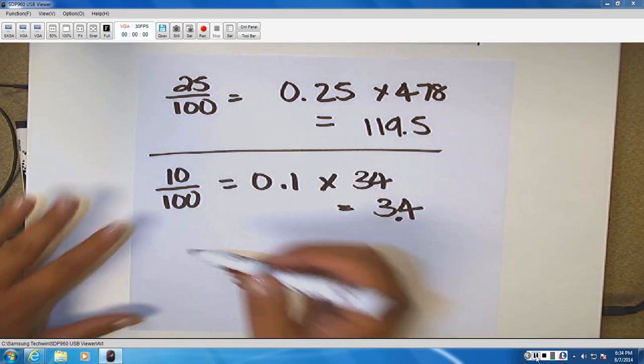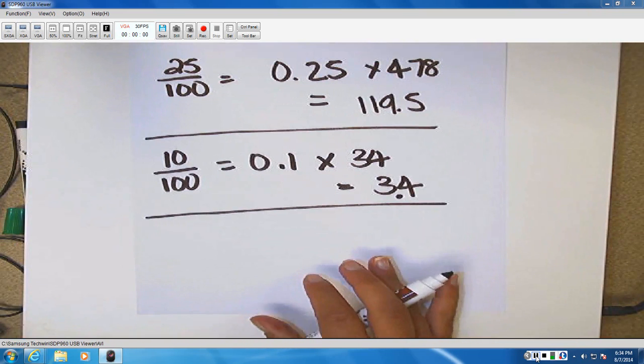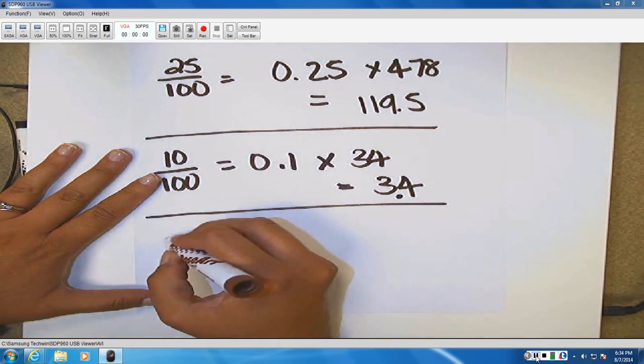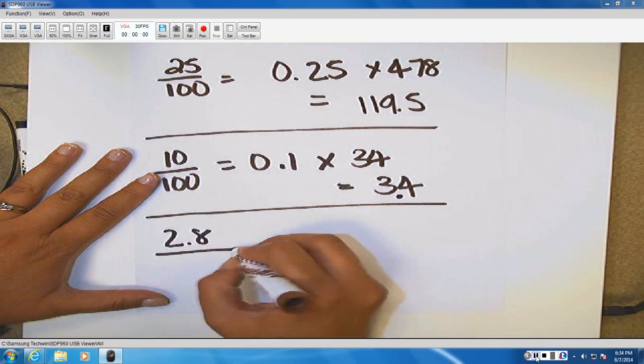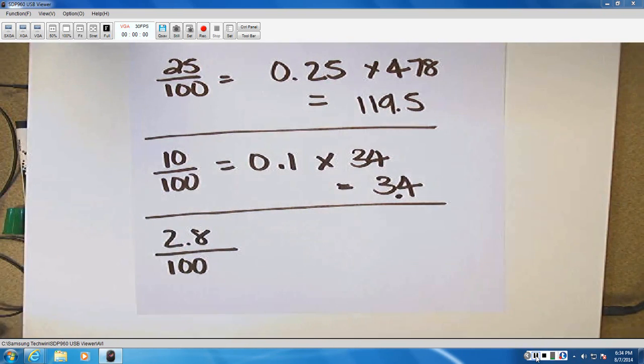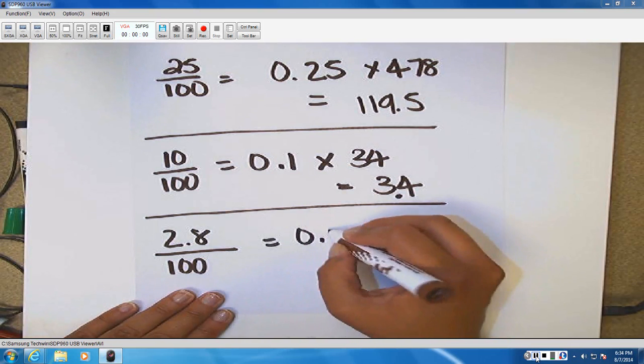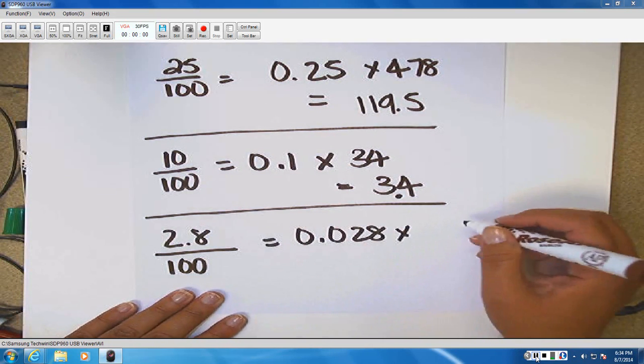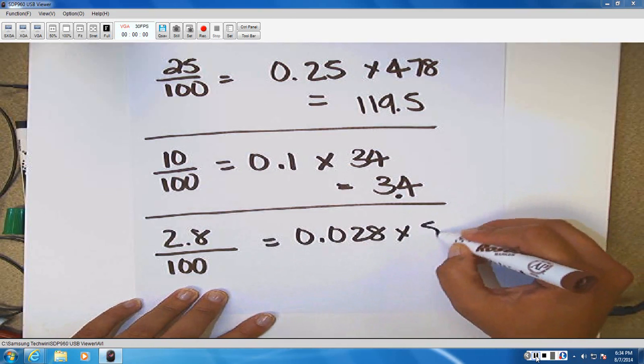Let's do number 3 real quick. The question is, what is 2.8% of 510? So I'm going to take that 2.8 and I'm going to divide it by 100, and 2.8 divided by 100 is 0.028, and now I'm going to multiply that by 510.